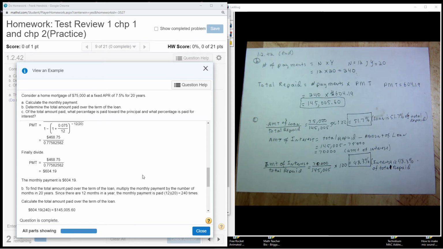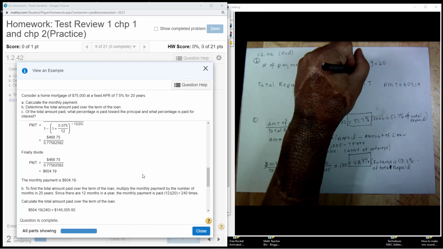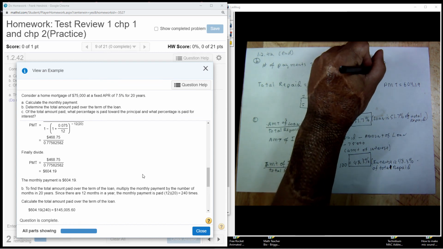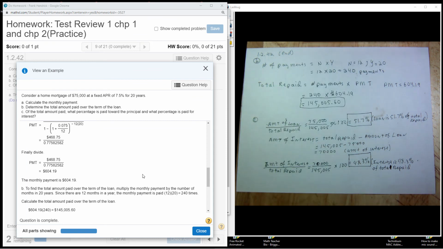And now they ask us to find the total amount repaid. In order to do that, the strategy here is to find the number of payments. How many times did they have to make those payments? We know that there are monthly payments, so N is 12 and the number of years is 20. So there were 240 payments.